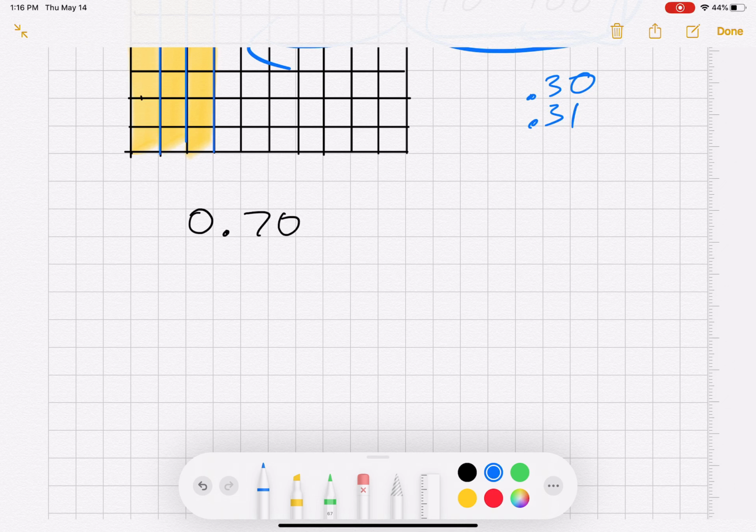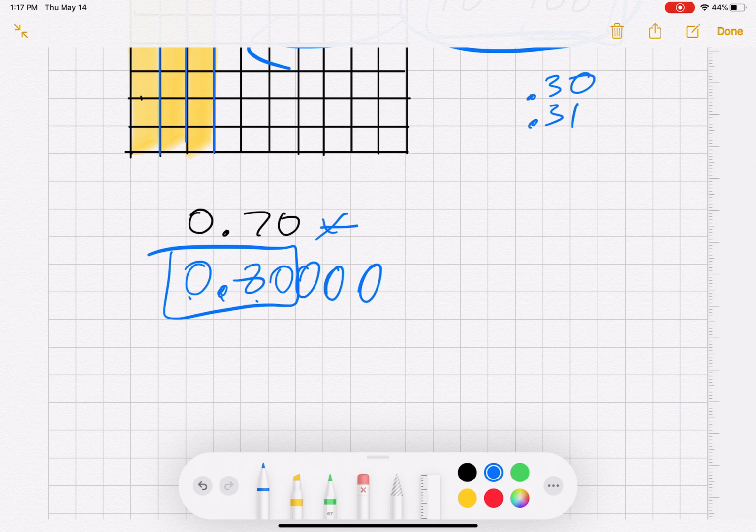A lot of times people will read them together, and then all of a sudden they get confused because this number is actually greater than this number here. And if I said 0.70 and 0.8, even though I could put an infinite amount of zeros back here, this number is actually bigger.